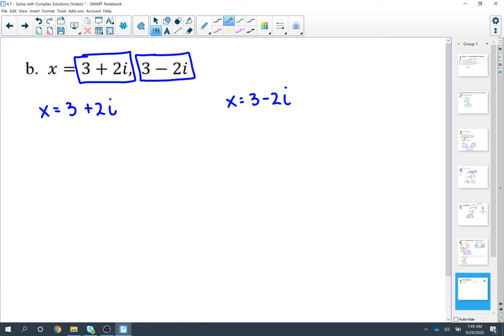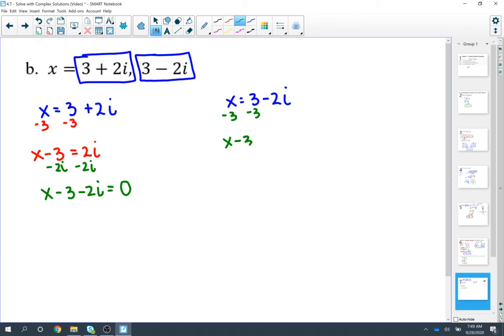We're going to get both of these equal to 0. So on the first one, I'm going to subtract 3. So x minus 3 equals 2i. Then I'm going to subtract 2i. So x minus 3 minus 2i equals 0. On the second one, subtract 3. So x minus 3 equals negative 2i.